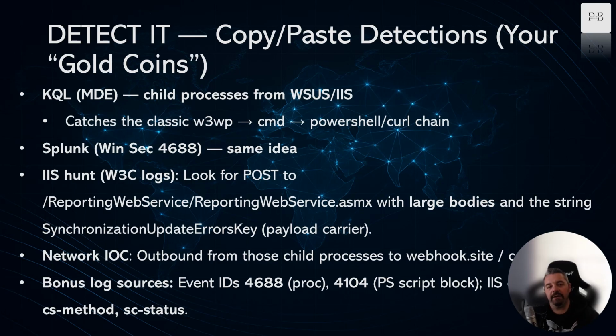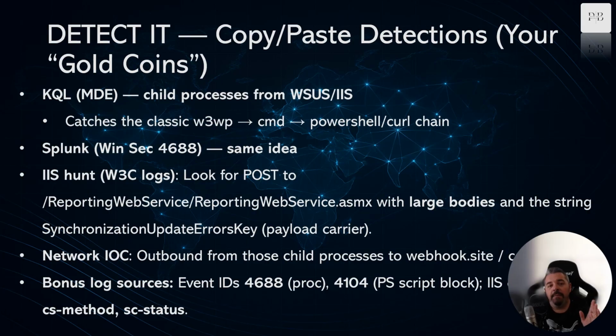and rerun the hunts. Next, the IIS angle. You'll see a ready filter that flags big POST requests to the reporting web service .asmx and other WSUS .asmx endpoints on ports 8530 and 8531. Watch for unusual user agents and payload size spikes.